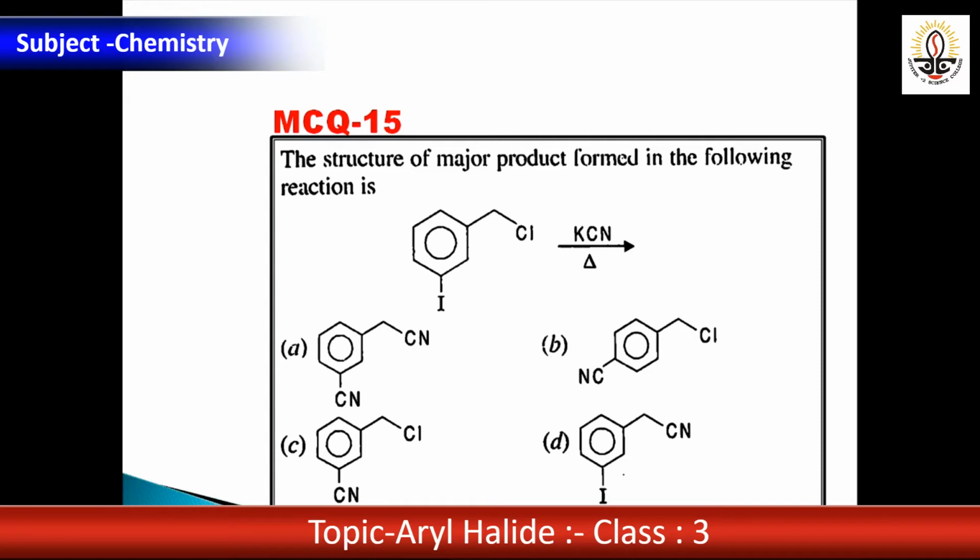The structure of the major product formed in the following reaction. A reactant is given, and that reactant reacts with potassium cyanide. Identify the product. Options are given.